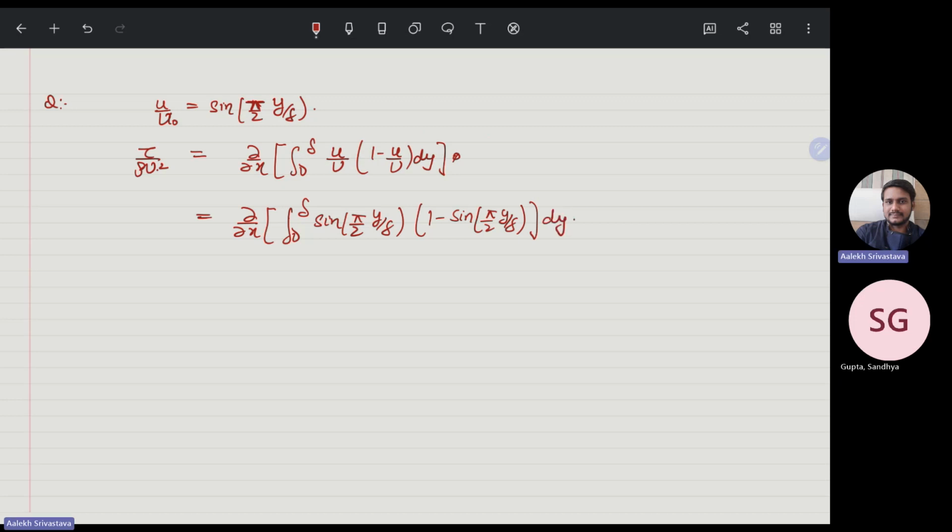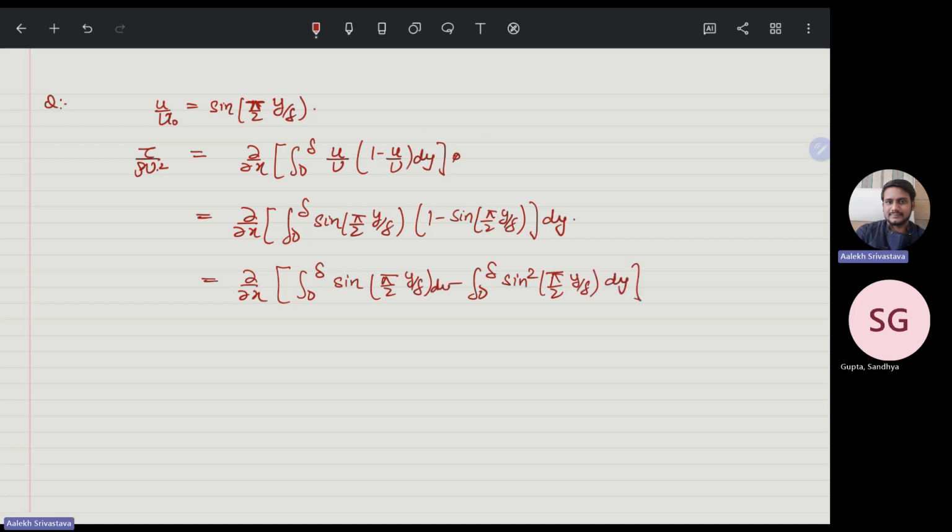Now you need to integrate the equation, so we will do slight integrations. First, the integral of sine pi by 2 y by delta minus the integral from 0 to delta of sine square pi by 2 y by delta dy.